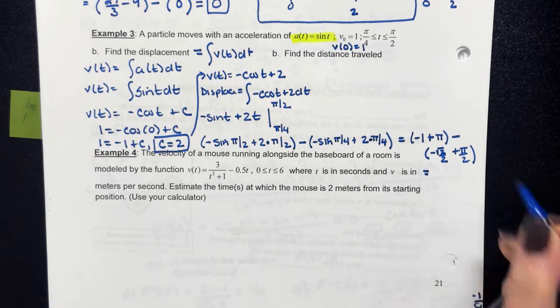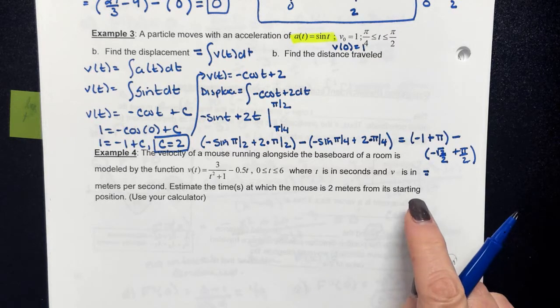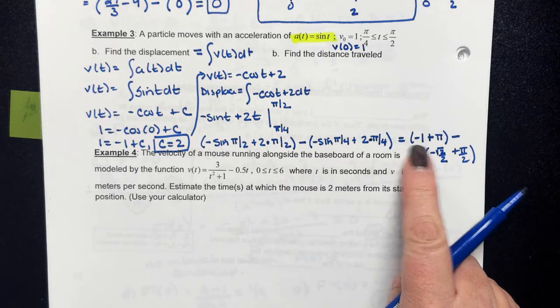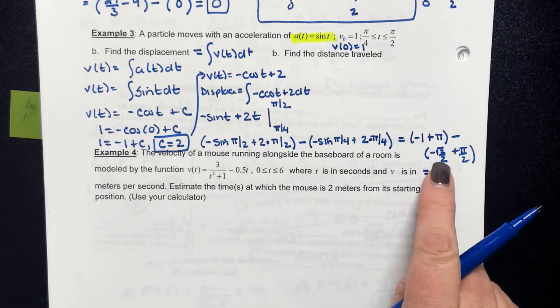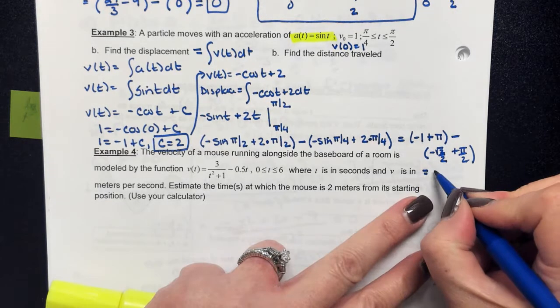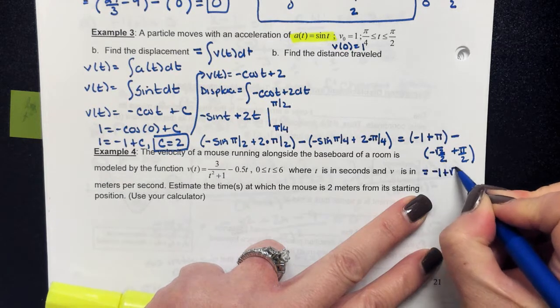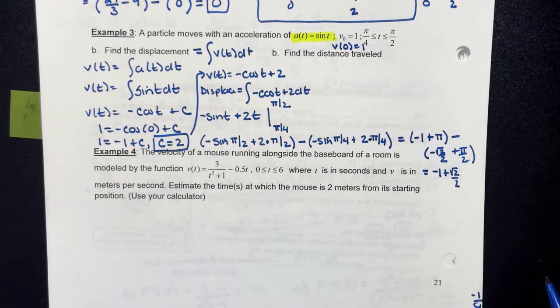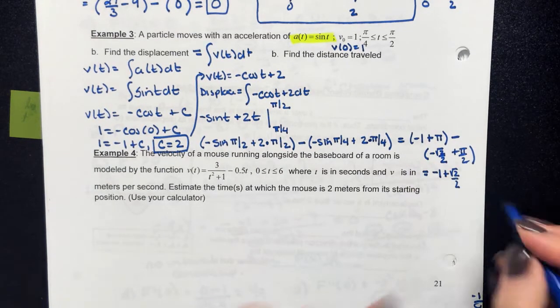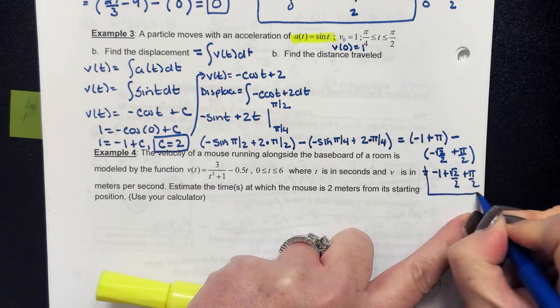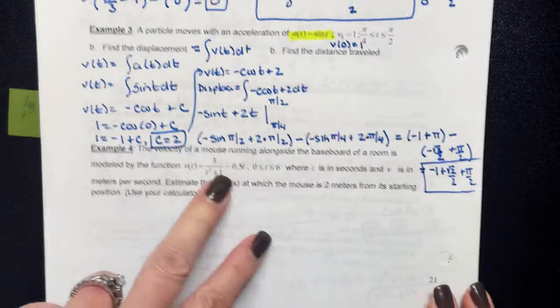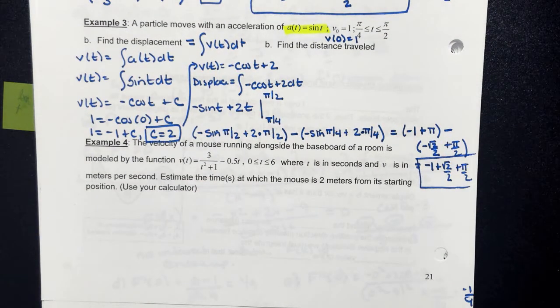Not a pretty answer. So let's see what I can combine. Well, I have a negative 1, nothing I can combine with a negative 1. I've got the minus negative square root 2 over 2, so far I've got negative 1 plus square root 2 over 2. Pi minus pi over 2 is a positive pi over 2. So without a calculator, that's how I'd have to leave my final answer.